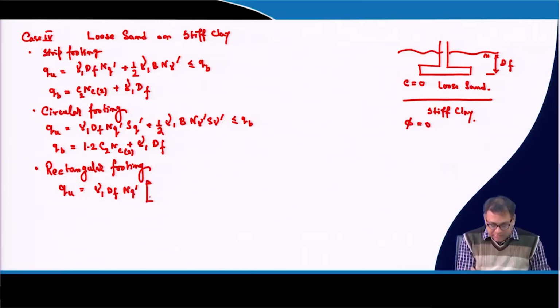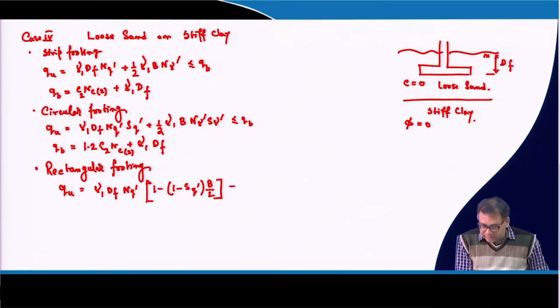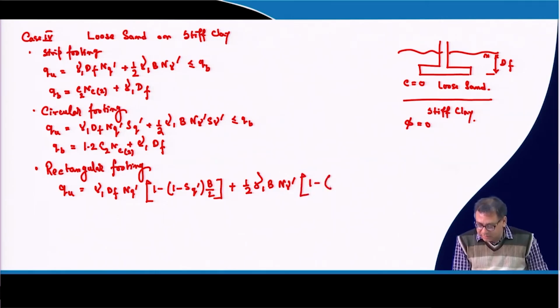Now, the shape factor again we have to apply, and that is 1 minus s q dash into b divided by L. Then the third term, that is half gamma 1 b n gamma dash, then 1 minus s gamma dash into b by L.